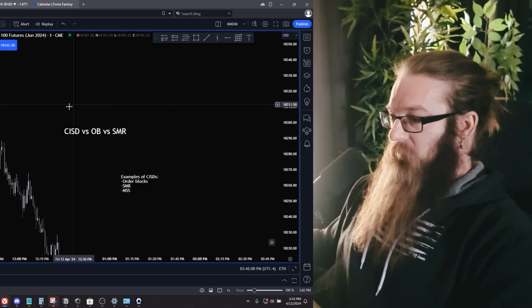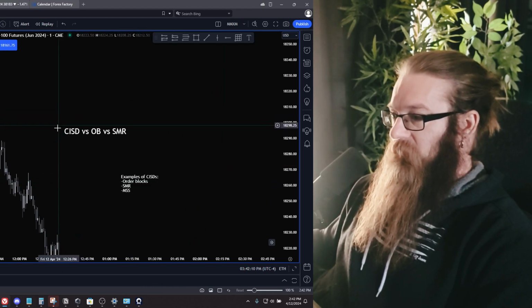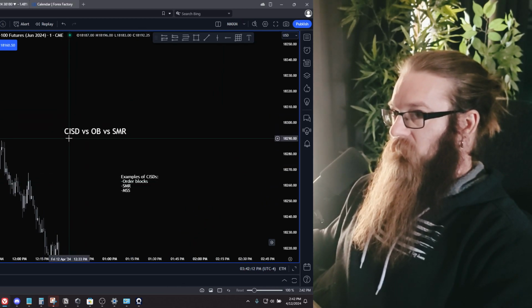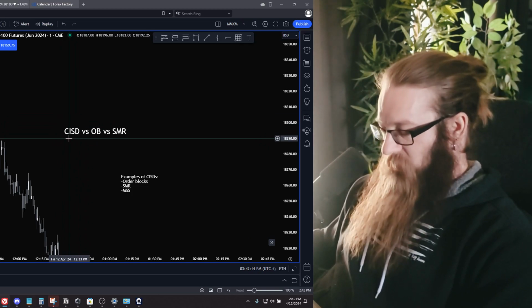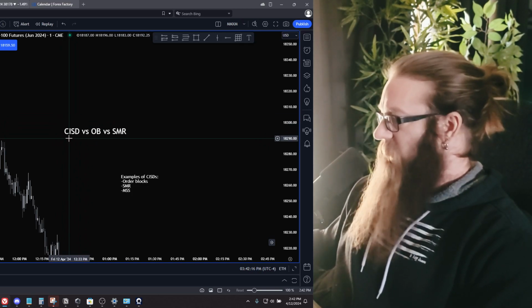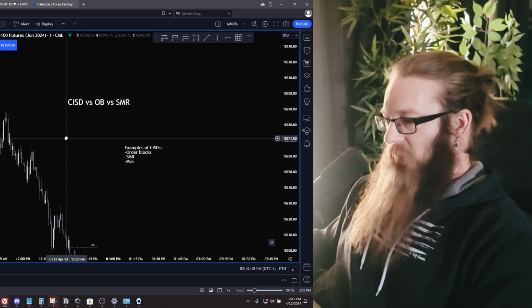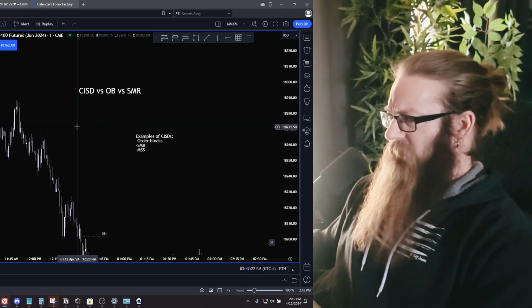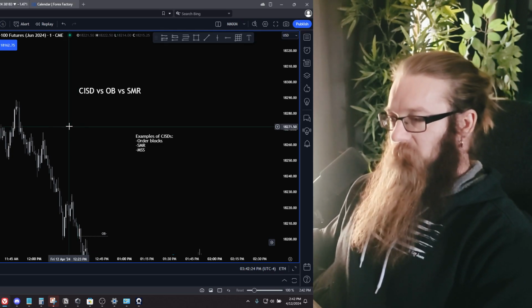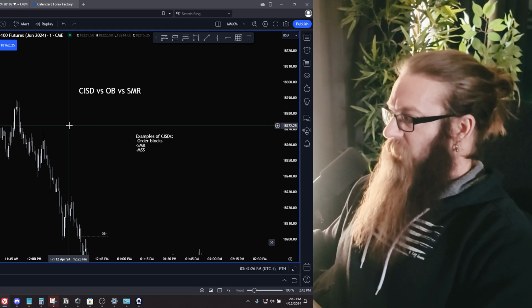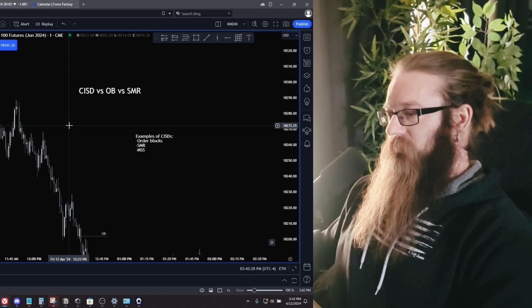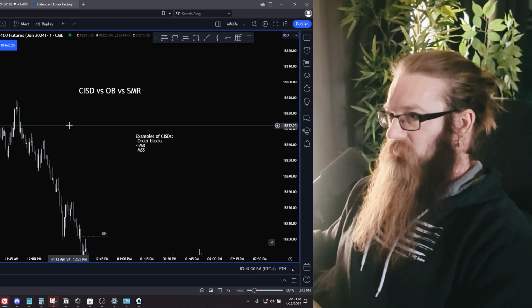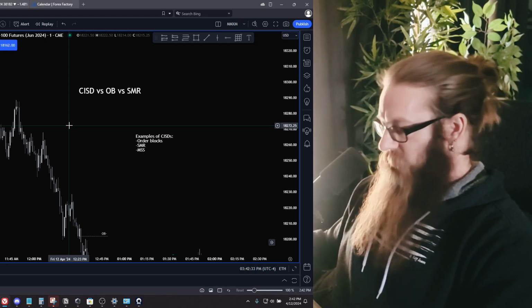Like I said, a lot of people are teaching CISDs are a specific type of order block, and I can't find ICT talking about it anywhere. Just because an order block takes liquidity doesn't make it a different thing. It's nice to have the confluence of liquidity taken. Your order block is likely going to be the point of reversal.